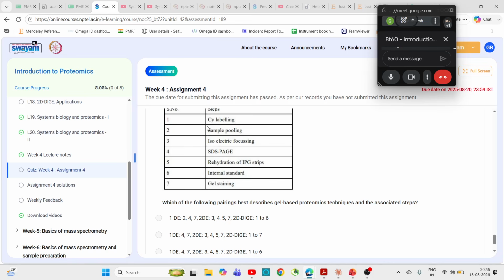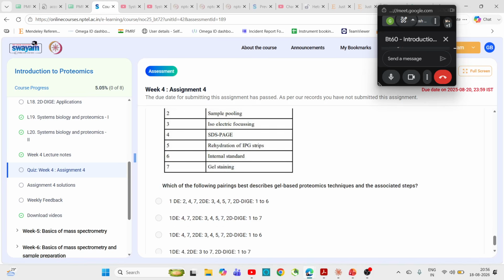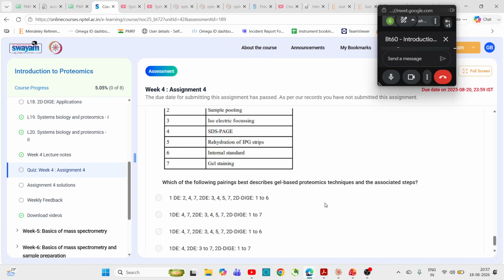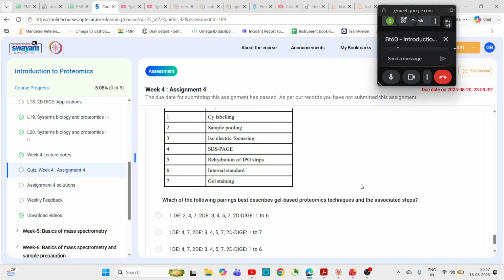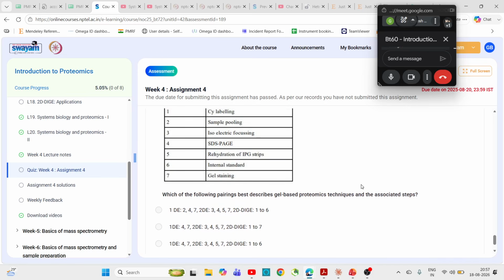So for 1D, for one-dimensional, what all steps we use? So these are the, I think I need to zoom out a bit more, but I cannot zoom out more. So I can show you just three options.